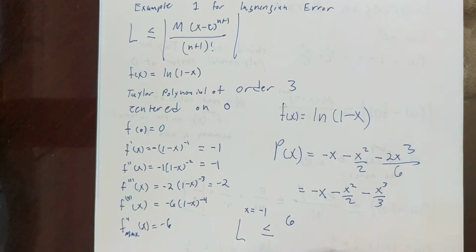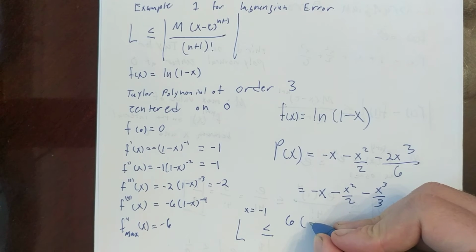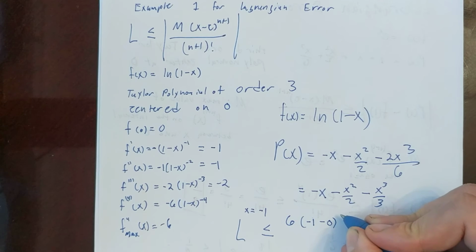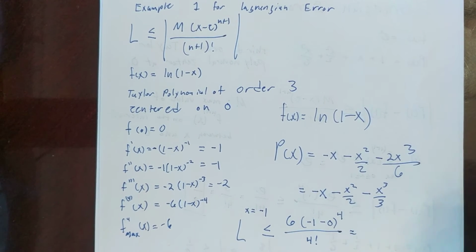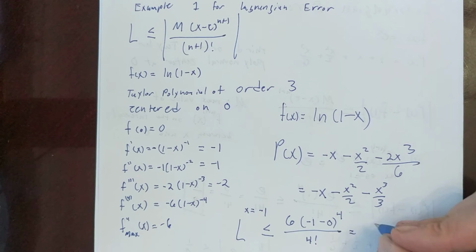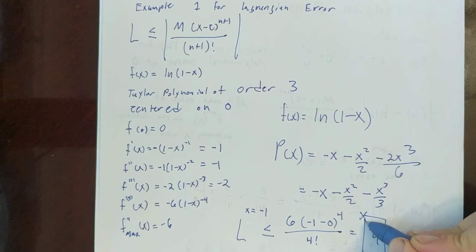So let's just put in 6. Then x minus c, in this case, is negative 1 minus 0 to the power of 4 over 4 factorial. This just goes to negative 1 to the 4th, goes away. 6, that's 3 factorial, by the way. 3 factorial over 4 factorial is, in fact, just 1/4. So we are going to be off by 1/4.